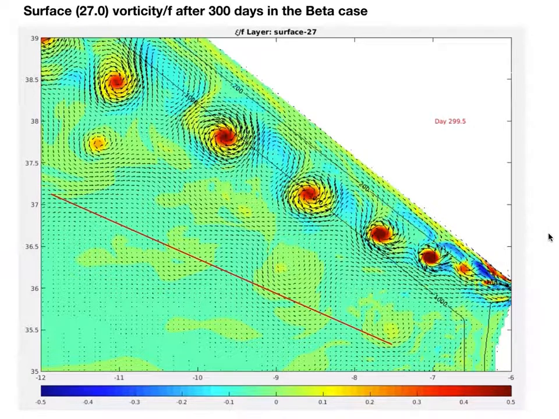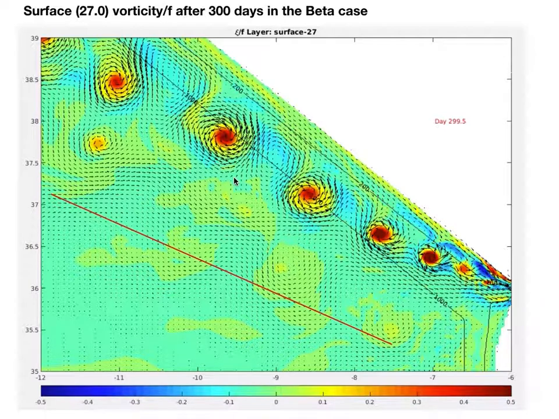And so we always see this trail of cyclones generated. They are generated somewhere over the entrainment zone, and then they drift along the slope. They are sometimes associated with anticyclonic circulation in deeper levels.